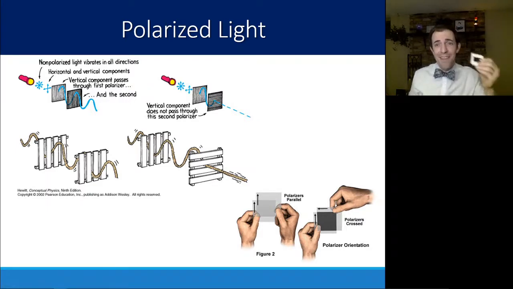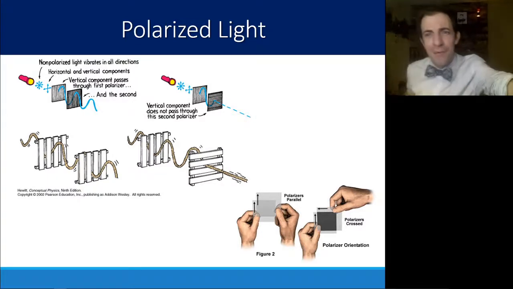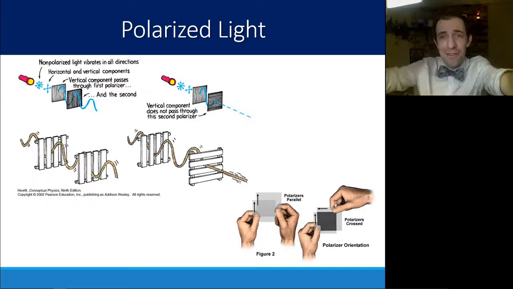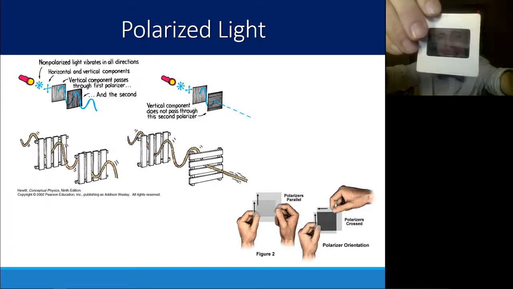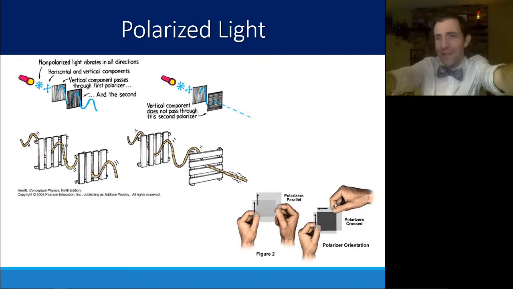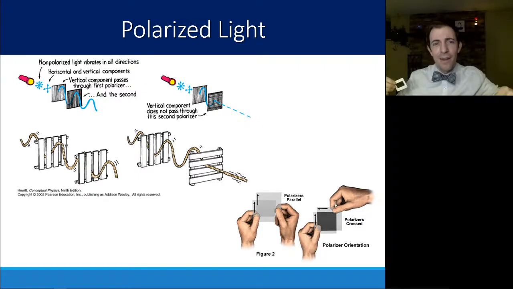So one filter can filter out all of the horizontal light, so I'm only left with vertically polarized light. And then I can set up another filter vertically, and it passes through that as well. So that doesn't change the intensity at all from one filter to two filters, because both of them are set up vertically in this case.